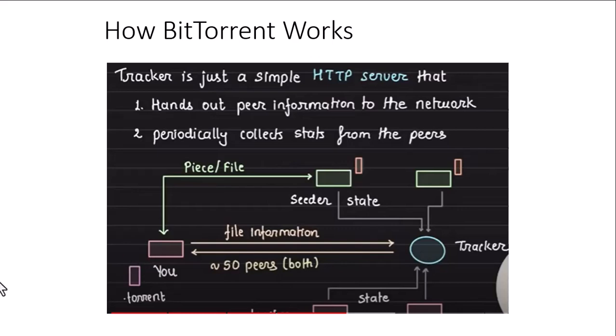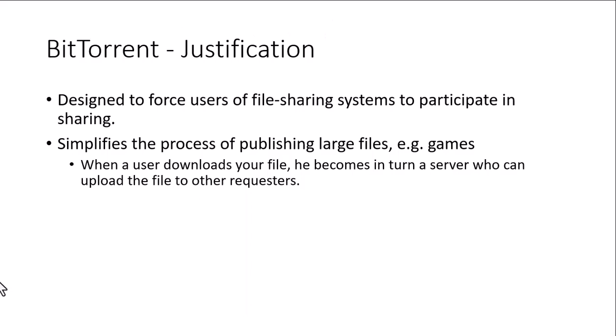This is the best example with torrent, where multiple peer nodes are connected and collaboratively work for some purpose. BitTorrent is designed to force users of a file sharing system to participate in sharing, and to simplify the process of publishing large files, for example, games.